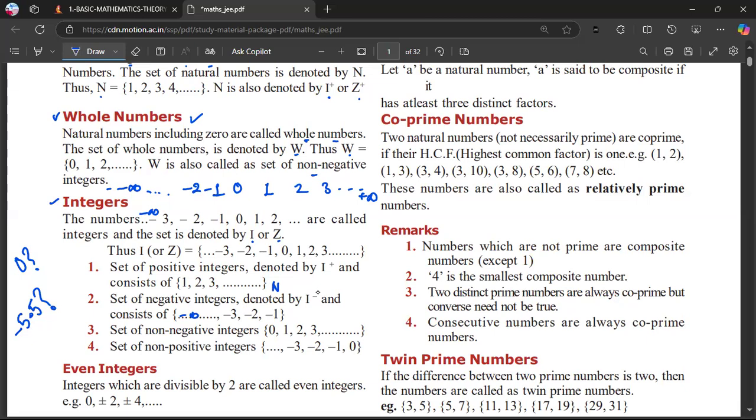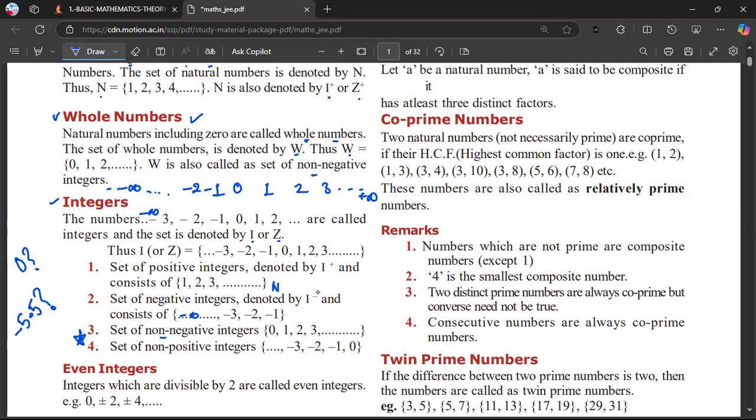Set of non-negative integers. Now these are special. Understand one thing: we are avoiding negative integers. So these were negative integers and the whole integer set was this. If we avoid the negative integers, what is remaining is 0, 1, 2, 3, 4, 5. So 0 is included in this.